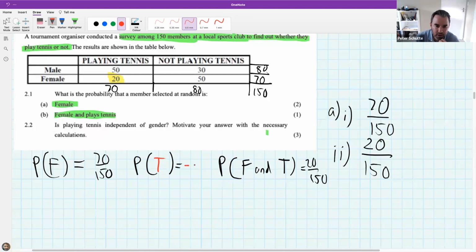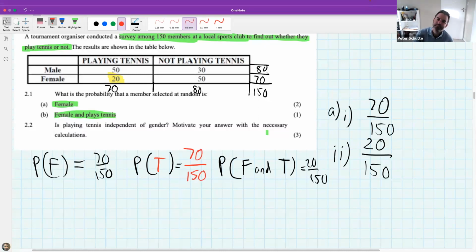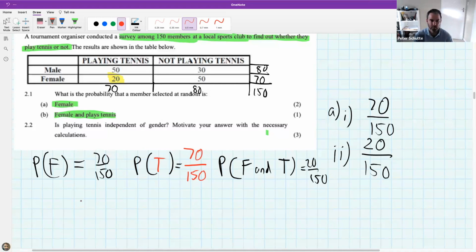So what do we think? If there are 150 people here, what is the probability that someone plays tennis in the sample? So tennis, I look for that column, and it looks to me like it's 70 out of 150. Awesome. Now we need to check what is this times this.